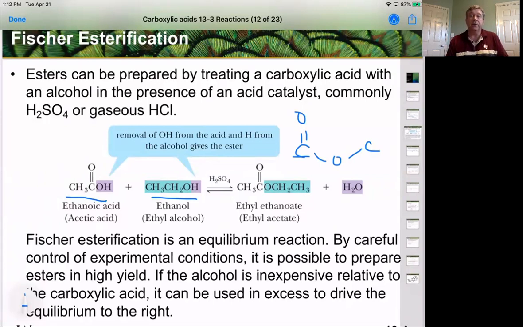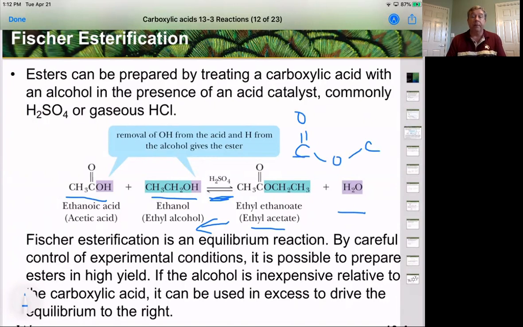Okay, and so this is typically called the Fischer esterification, and it's typically done with an acid catalyst. Note that this is a reversible reaction. We can actually take an ester and water and a little bit of catalyst and get it to convert back to the carboxylic acid and the alcohol.